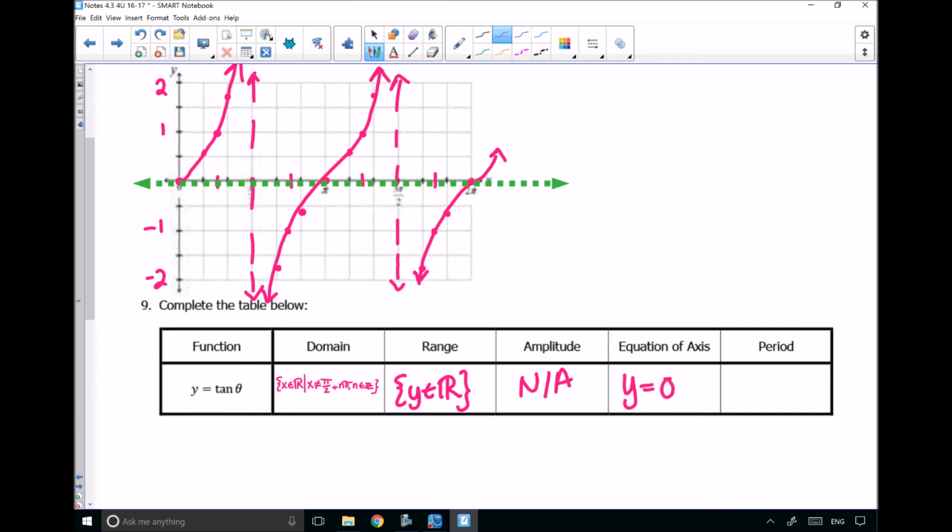And then my period, how long does it take me to go through a full cycle? This time, we have half of a cycle here, half of a cycle here, and then one full cycle. So we get 2 full cycles within 2 pi, which means that we can get 1 full cycle just within pi. So this time my period is just pi. Okay, and that's what we need to know for graphs of trigonometric functions. All right, see you later.